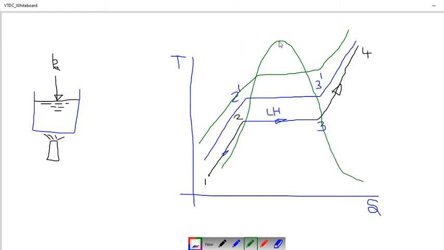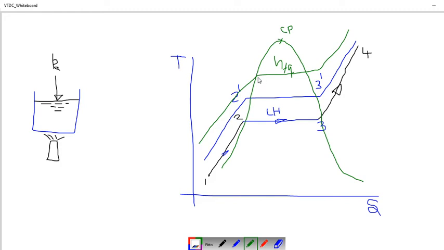This apex point is known as the critical point. As we know, the latent heat enthalpy is denoted by hfg.